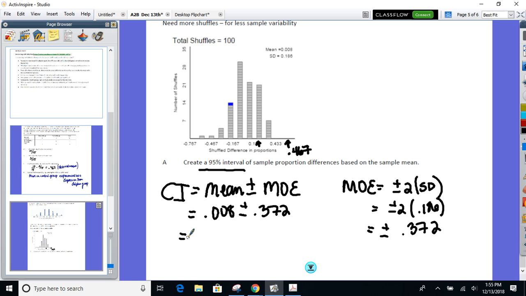And our confidence interval, negative 0.364 all the way to 0.380.